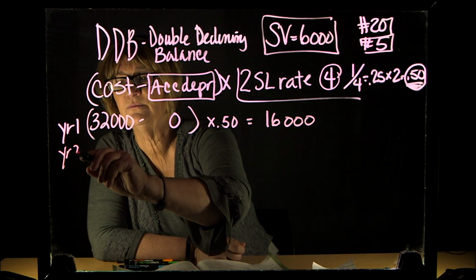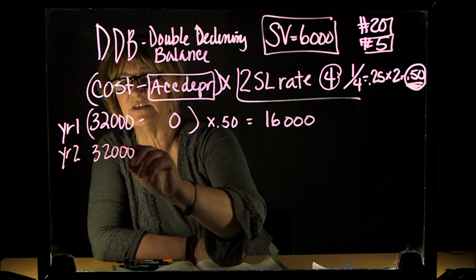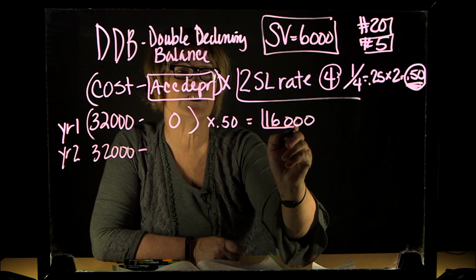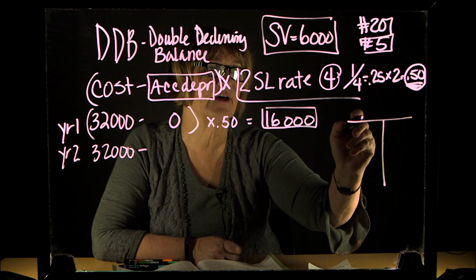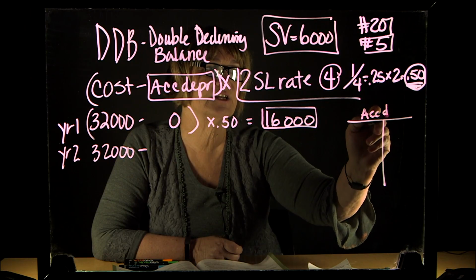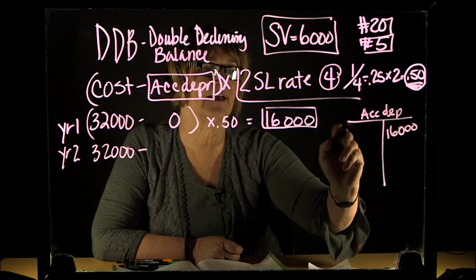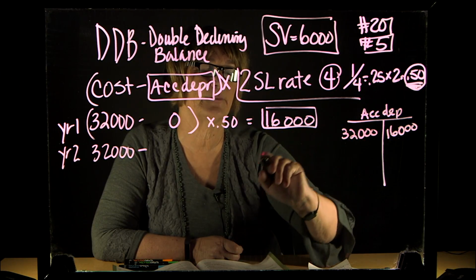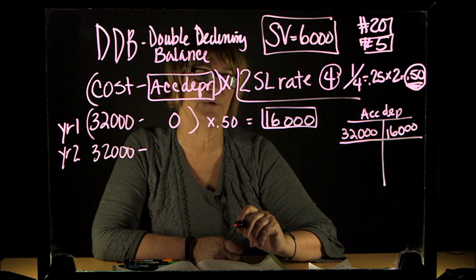Year 2, you now need to take the 32,000 minus the accumulated depreciation, which is this number. So what I like to do is my old T account thing, remember? I like to go ahead and post that there so I can keep track. I also like to just put over here the equipment amount, so I can keep track of what the book value is.